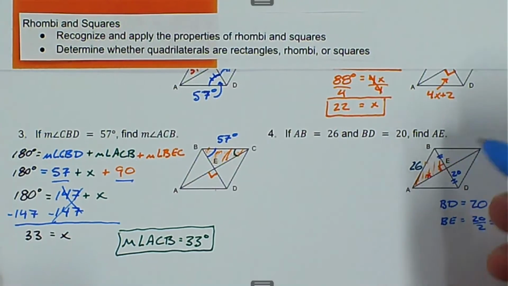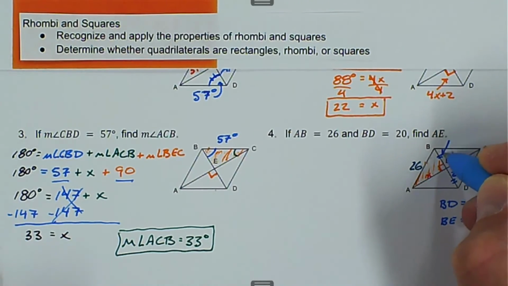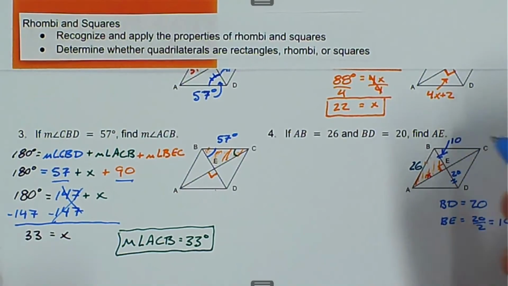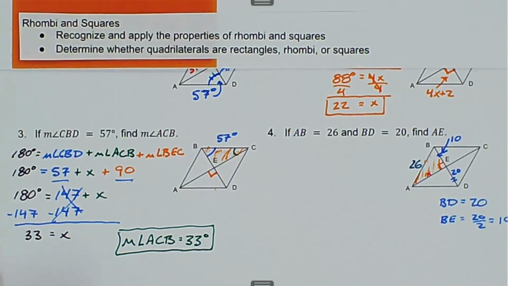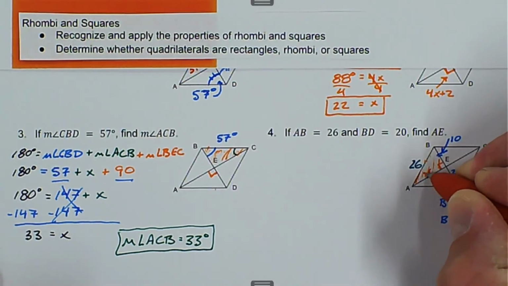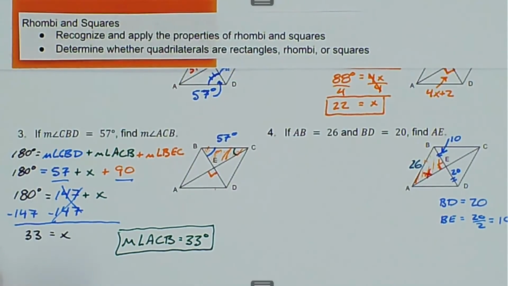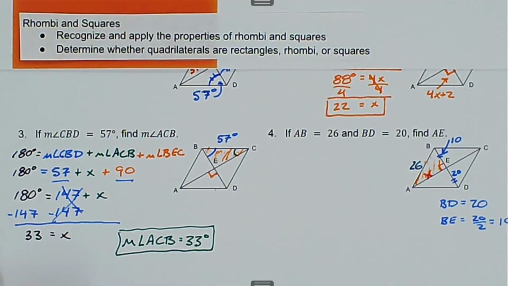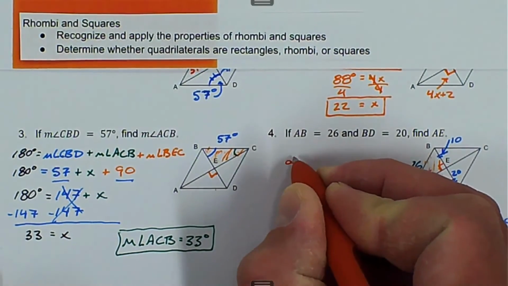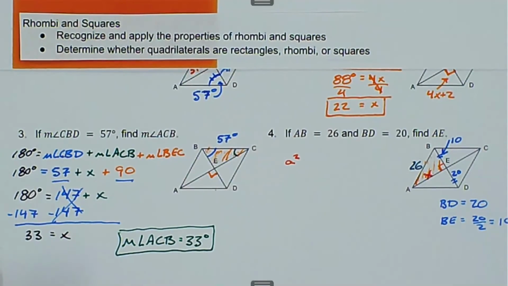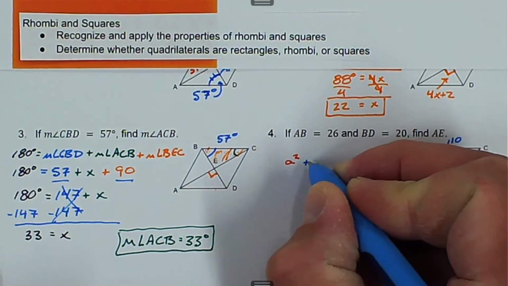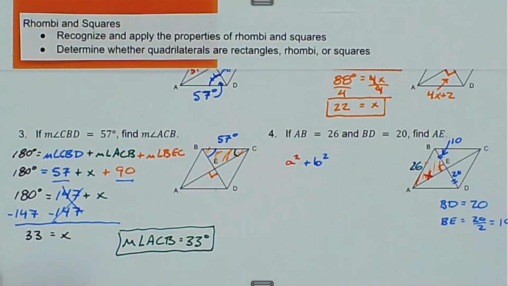So now we have AB is 26. We have BE is equal to 10. And then we're trying to find X, which is right there on AE. So hopefully we can see that this is the Pythagorean theorem, where we have a squared plus b squared equals c squared.